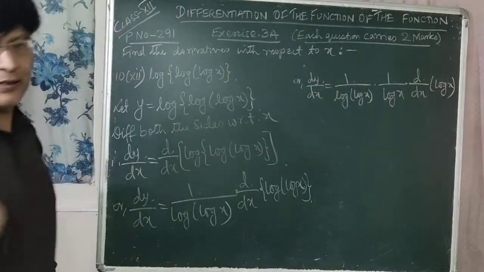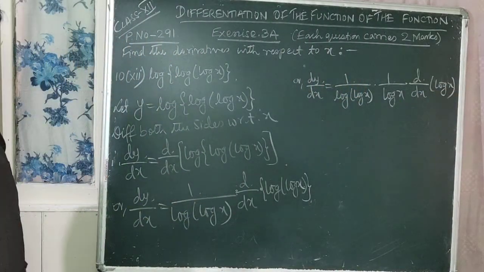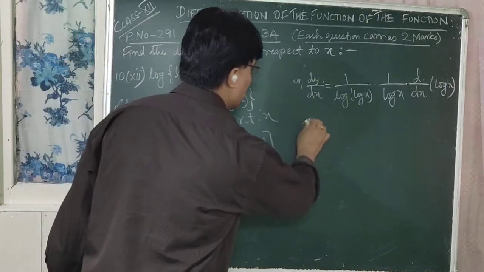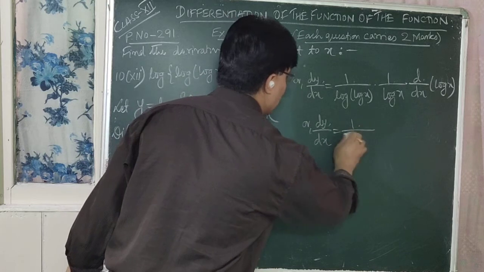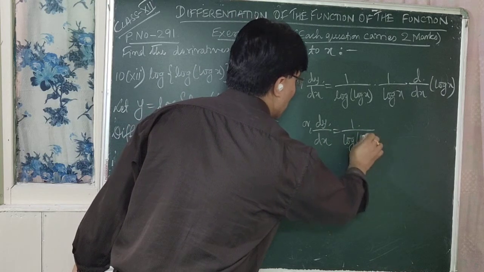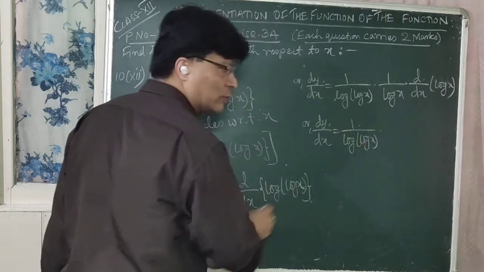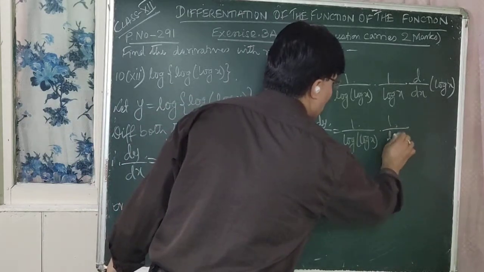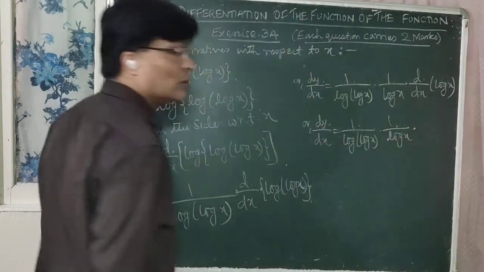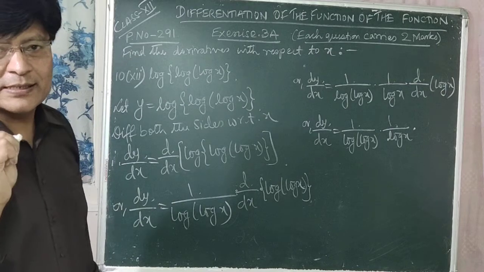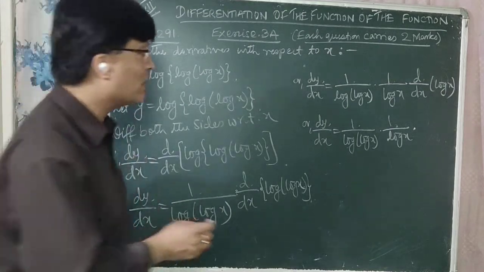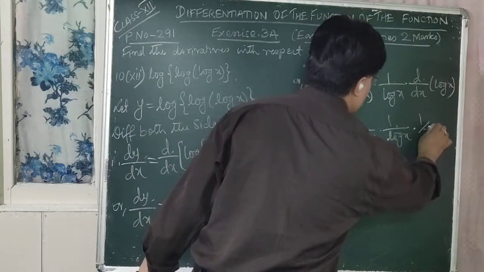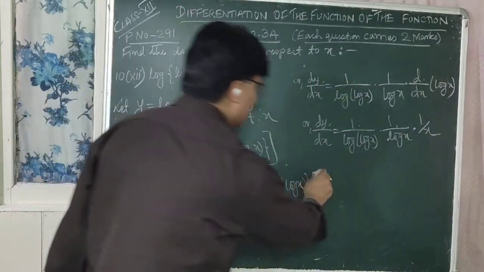Is that clear now? So I think you have understood it. So dy by dx is equal to 1 upon log of log x into 1 upon log x into, what is d by dx of log x? This is the final differentiation. What is d by dx of log x? It is 1 by x. Right? So write down the final answer now.